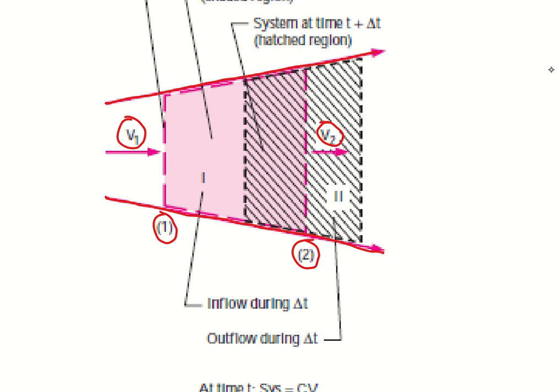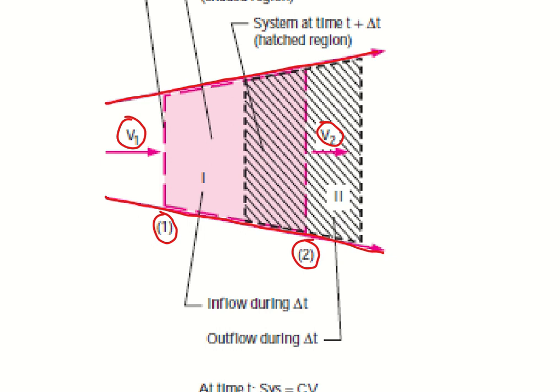This section 1 and 2 is enclosing some volume, which is shown here with the help of the shaded region. This is the control volume by definition, and it is not moving here.